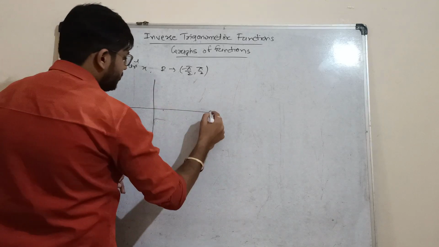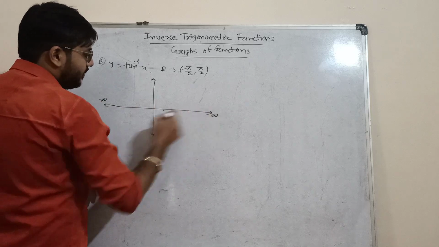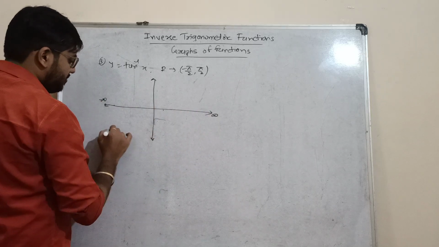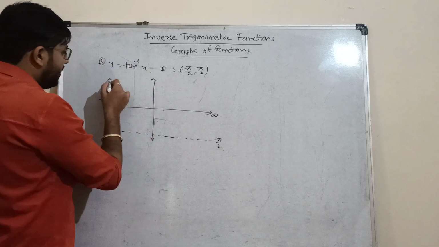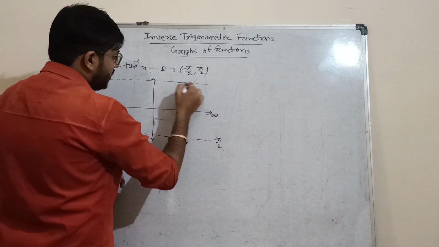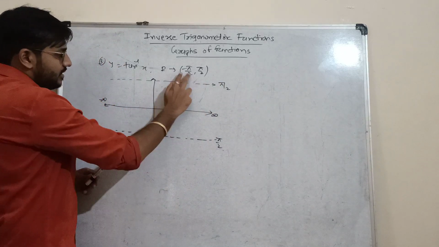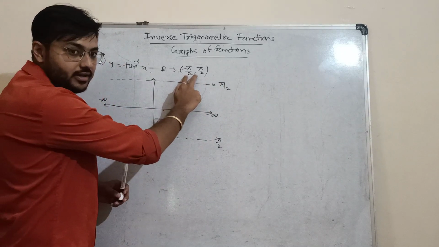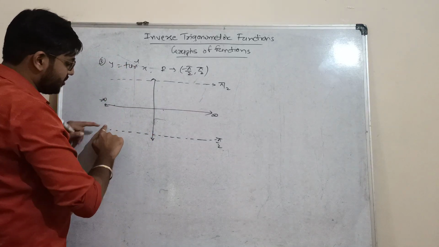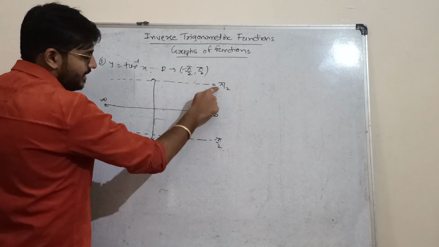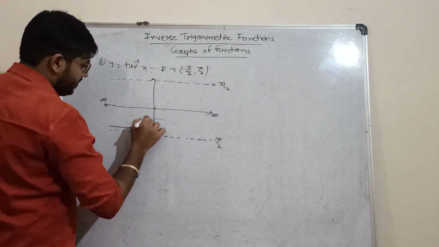So as x goes from minus infinite to infinite, at minus pi by 2, and here is pi by 2. The reason I am plotting the dotted line is because it has an open interval, right? So at minus infinite, tan inverse has answer minus pi by 2, and at infinite, tan inverse has answer plus pi by 2, and at 0 it has 0. So the graph of tan inverse is something like this.